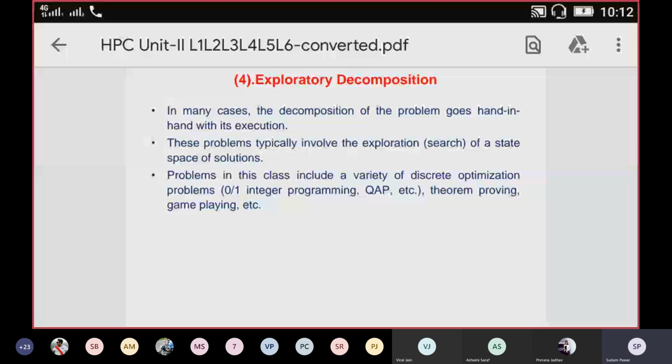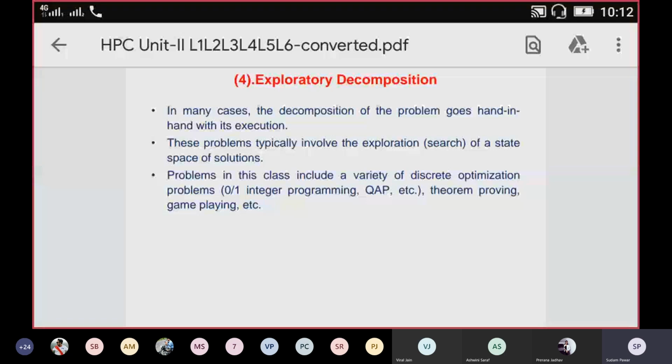Okay, so we have already seen the recursive and data decomposition techniques. So how is exploratory decomposition different from recursive and data decomposition?